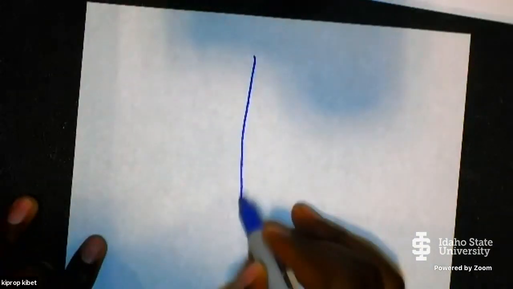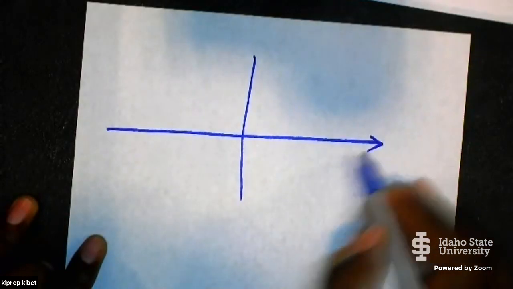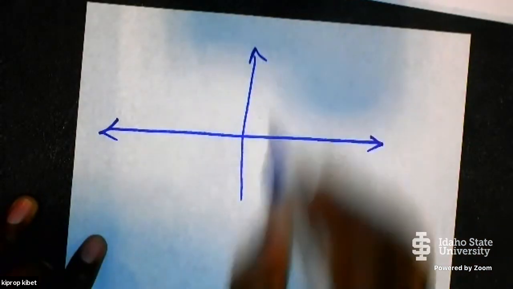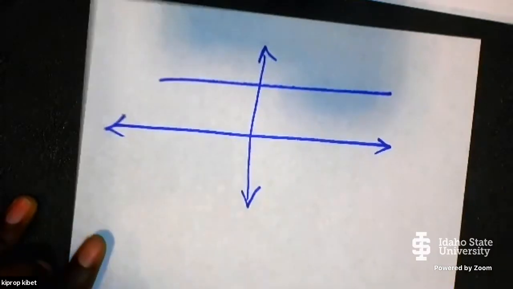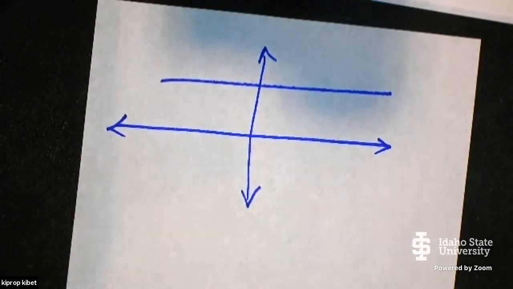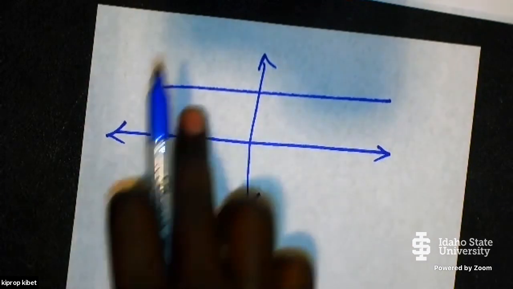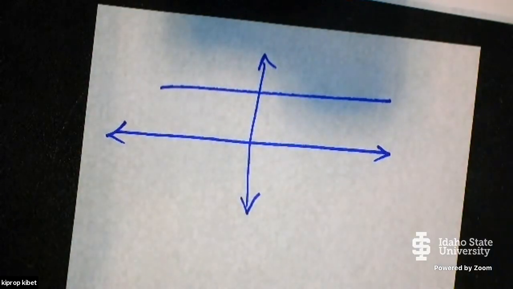Now, let's say we have this. We have that one. So what is the slope of that line?